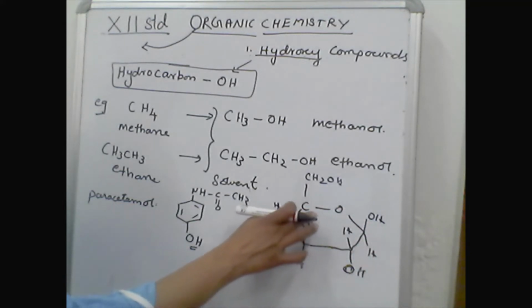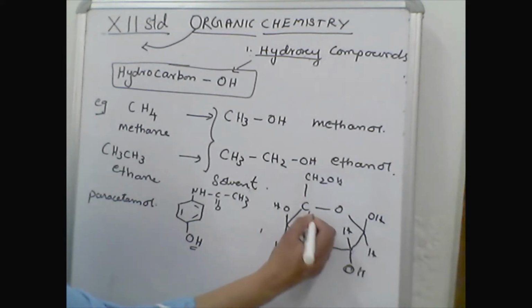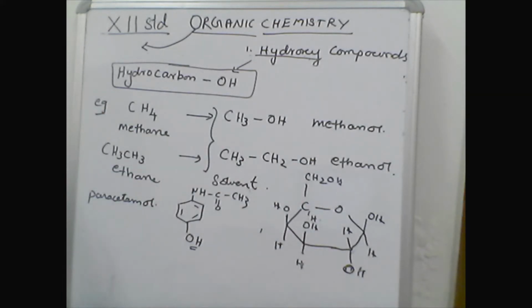So there are many molecules that are very important in daily life. That's why we have to learn about the hydroxy group: how we can prepare it, what its properties are, and what its applications are. Before seeing all those things, we should know how to name organic compounds.